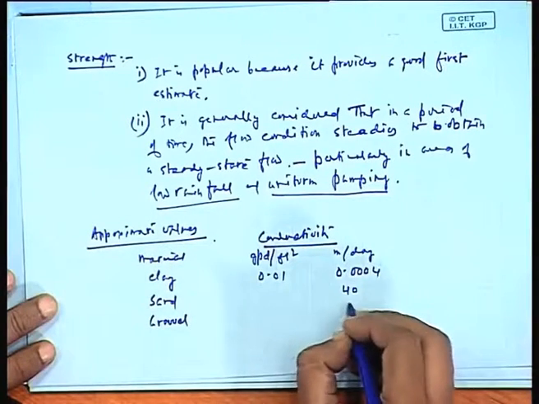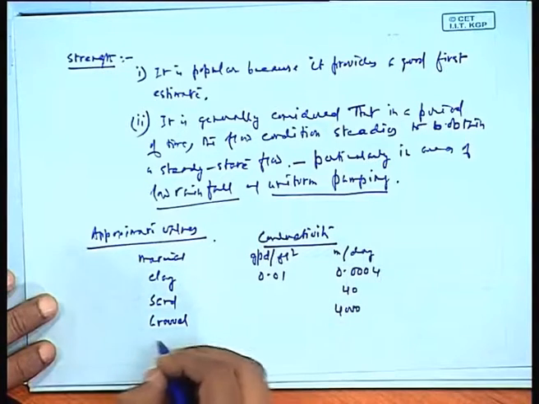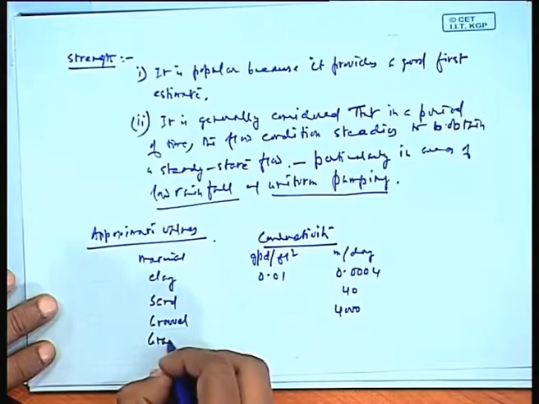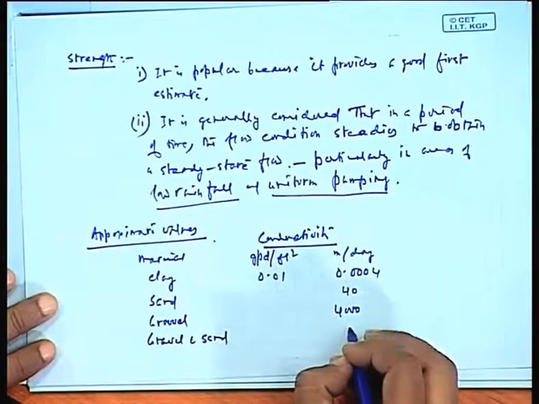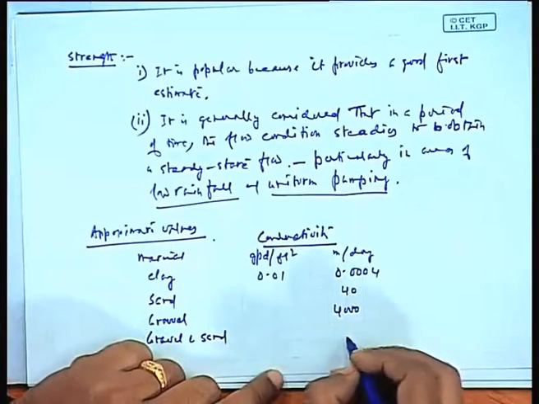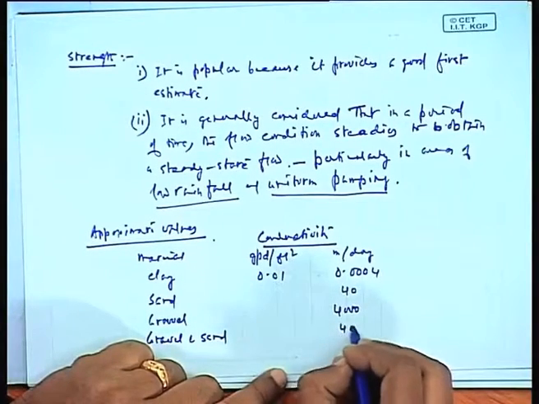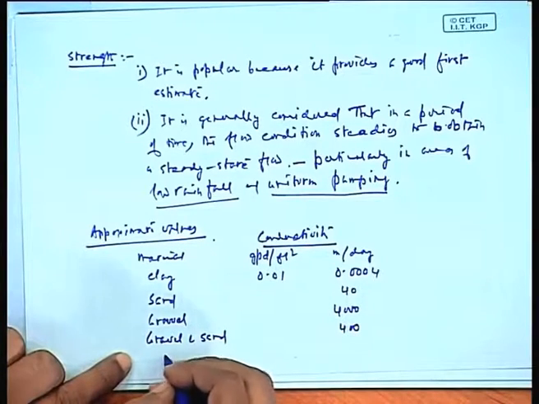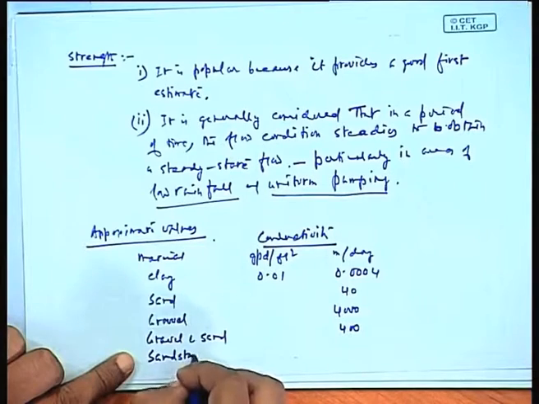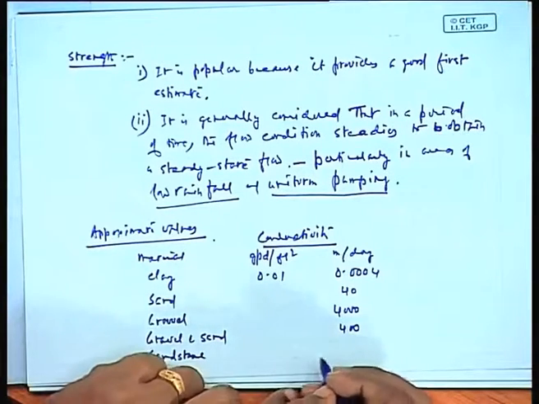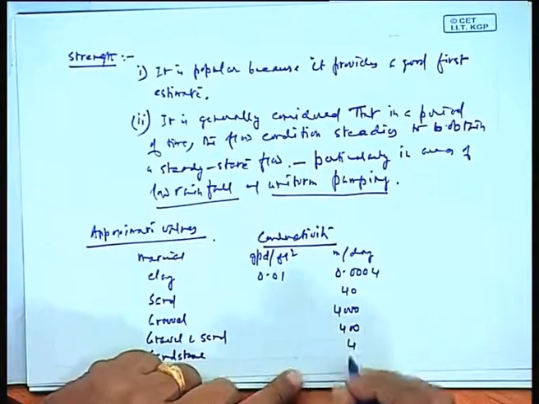Sand, gravel: gravel and sand is 400, and sandstone is about 4.